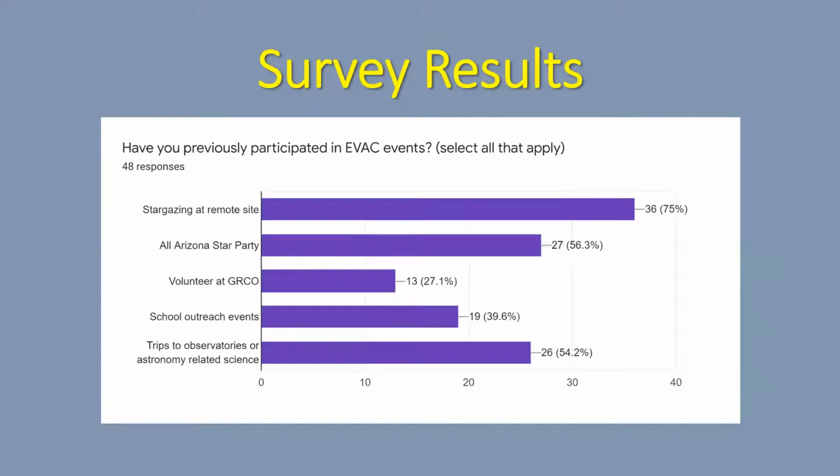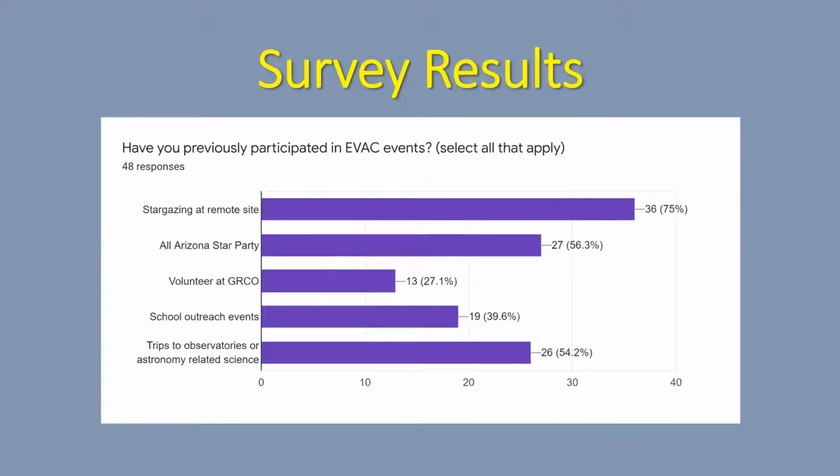And in terms of participation, a strong number of you have participated in many of the events and outreach. We also had a good number of people who submitted their emails to volunteer for the observatory or school outreach. We've contacted those new people, but some indicated a willingness to assist but didn't include their email.